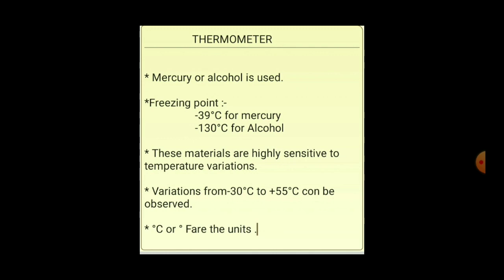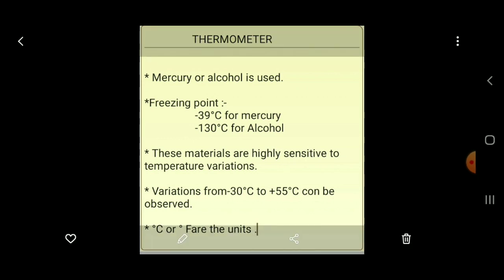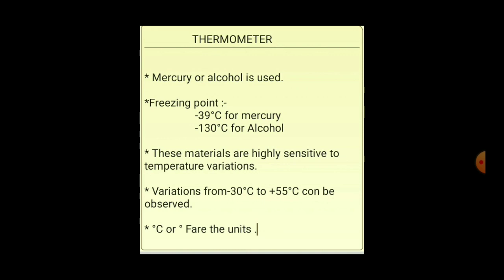And the thermometer uses units like degree Celsius or degree Fahrenheit. Air temperature generally is measured in degrees Celsius. So the minimum temperature or the maximum temperature that you hear in the news of your place is measured in degrees Celsius, and it is recorded in the meteorological department of your area, of your town.